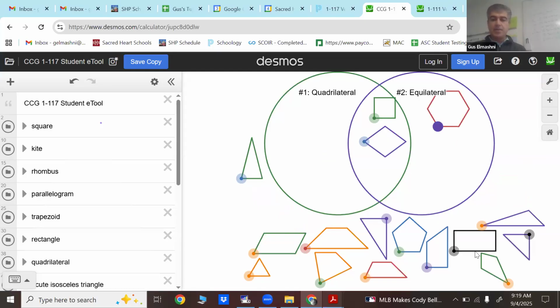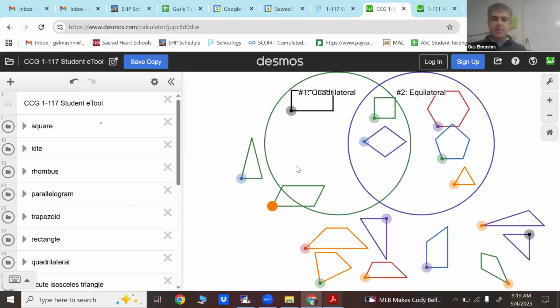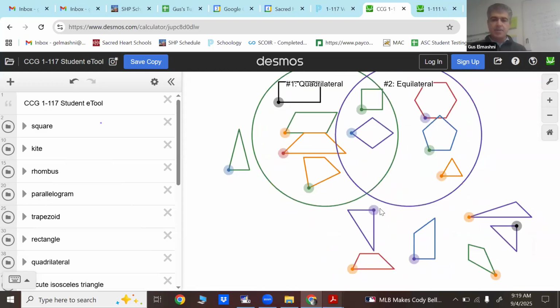The hexagon, the pentagon, and okay, no. The rectangle goes here. Those are all quadrilaterals. Just off to the side. Which is here.